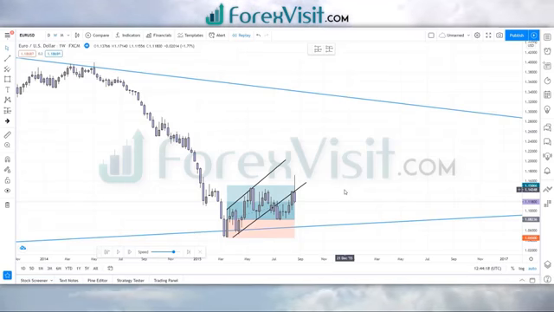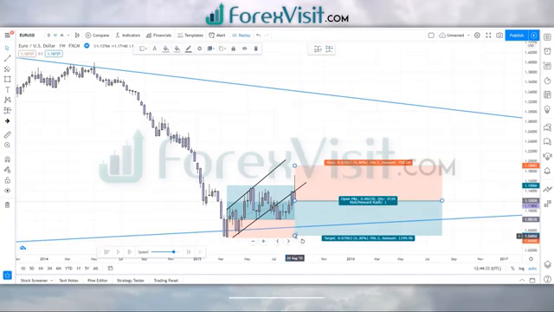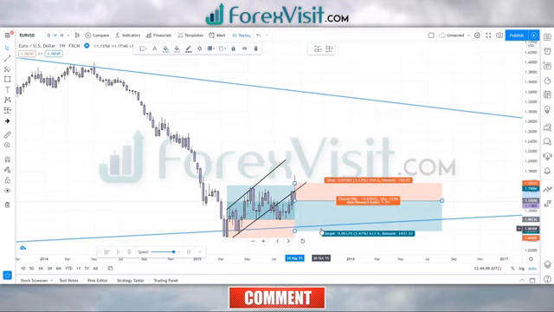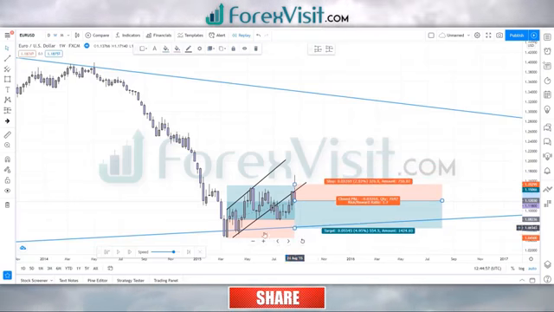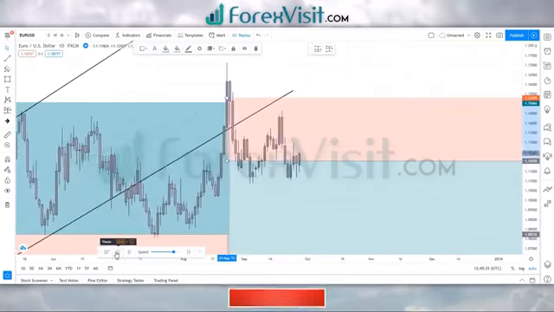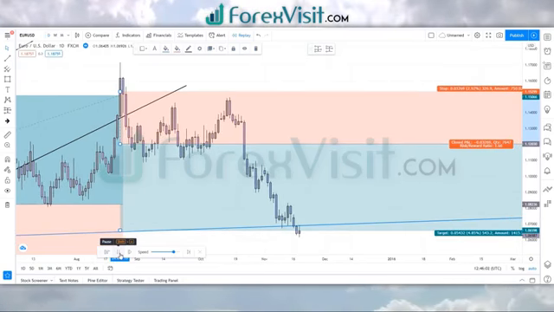So here we place a sell trade, and we set a target price near the major trendline area. We won this trade as well.